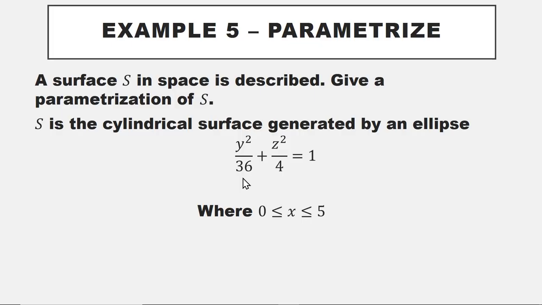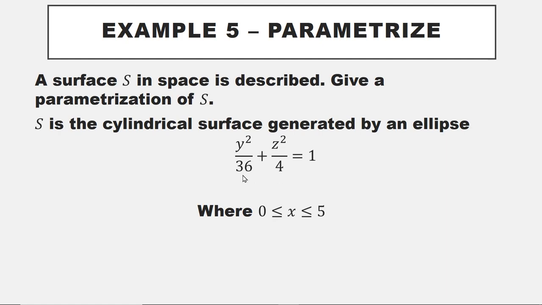So here's an ellipse in the YZ plane, and we're going to extend that into 3 dimensions by letting the x values go from 0 to 5. So y squared over 36 plus z squared over 4 is equal to 1. And we're going to let our x range from 0 to 5.